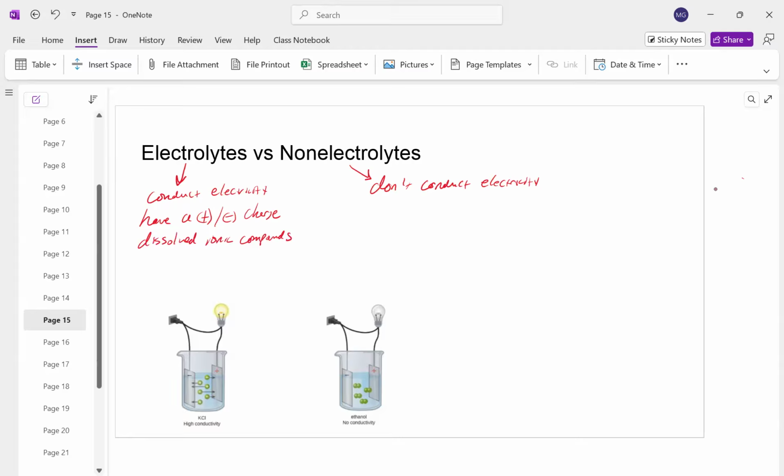For example, if we took potassium chloride, which is an ionic compound, you've got a metal and a nonmetal, and put it in water, it would dissociate into cations, potassium cations, and chloride anions. Now, these non-electrolytes, the reason they don't conduct electricity is that they don't have any charges.